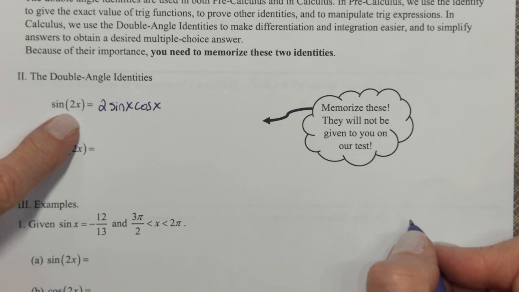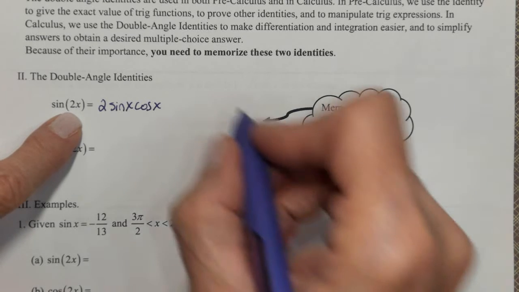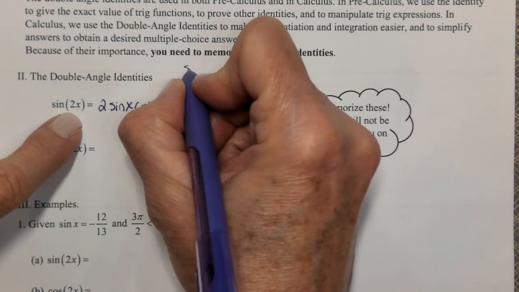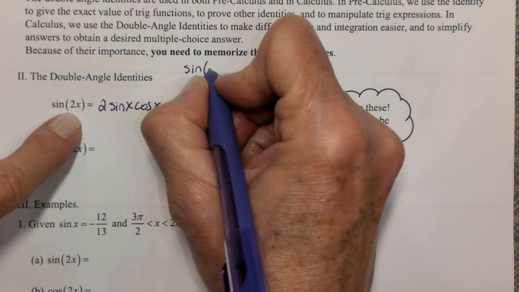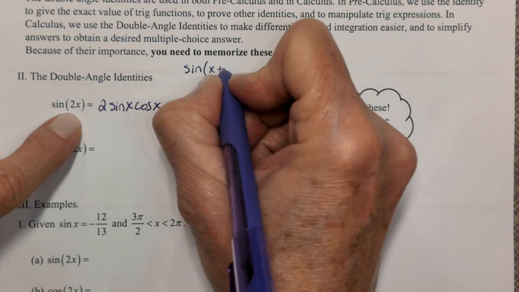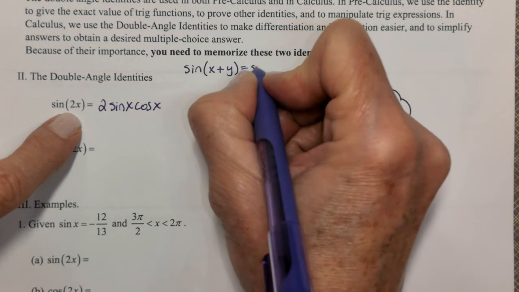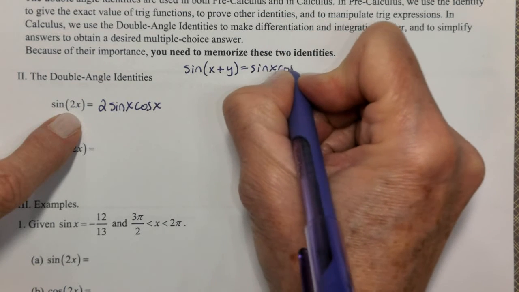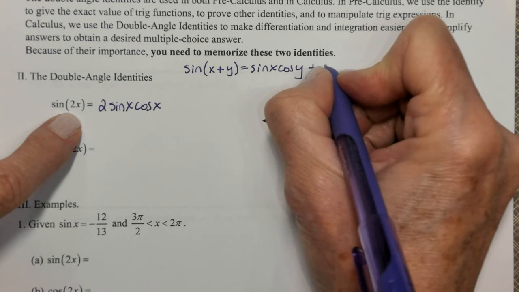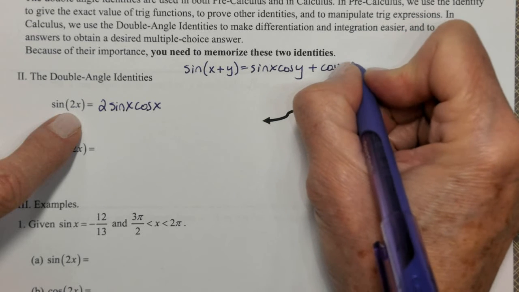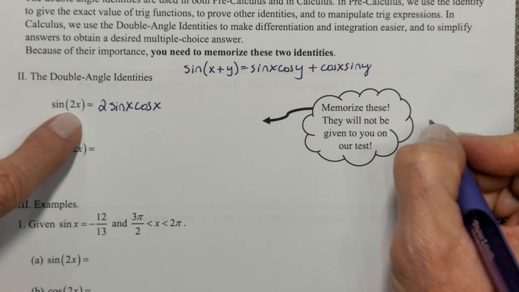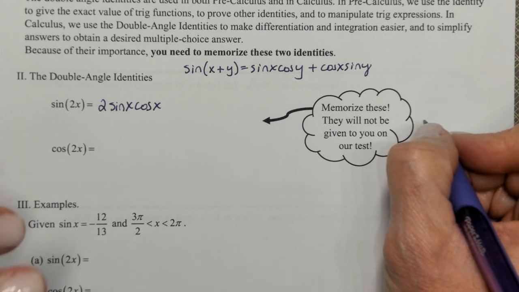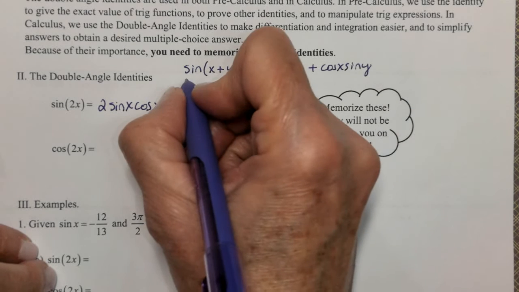I could easily show you that using the sum and difference. Sine of x plus y we know is sine x cosine y plus cosine x sine y. That's what we did in our previous lesson.